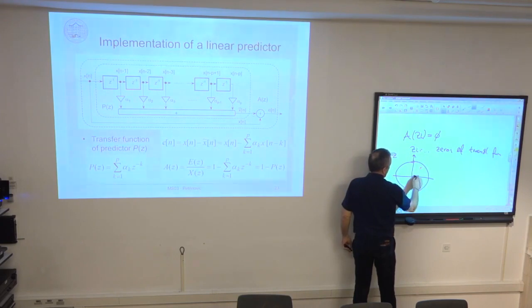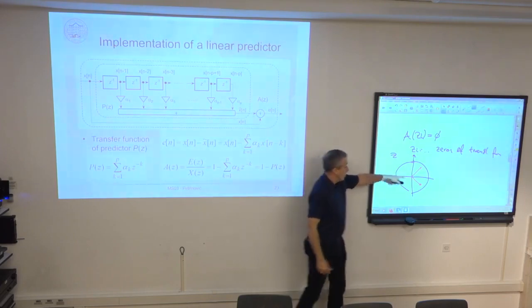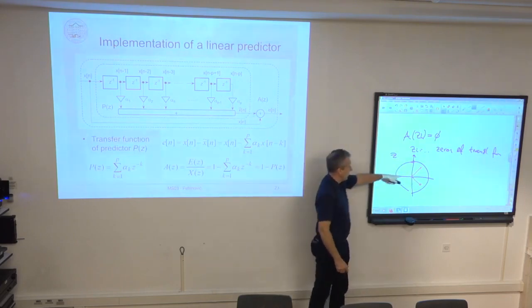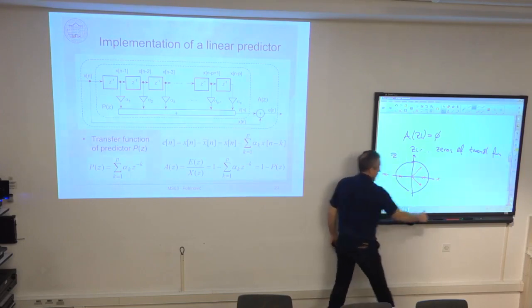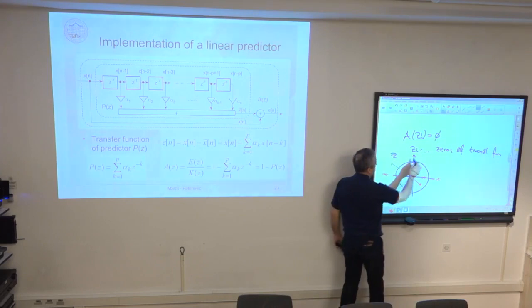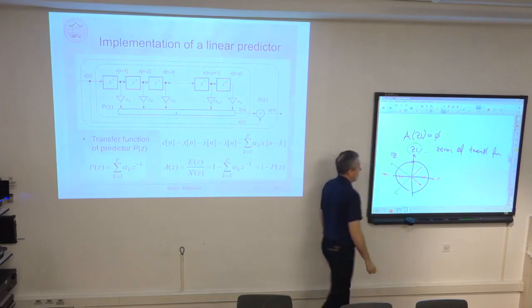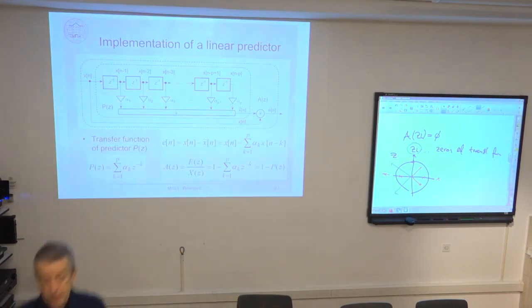Usually they would be either real, so the imaginary part is 0 and the root is on the x-axis, for example something like this, or they occur in complex conjugate pairs. So this is simply a visualization of the roots of the polynomial. If this original polynomial A of z is a 10th order polynomial, it has 10 roots.